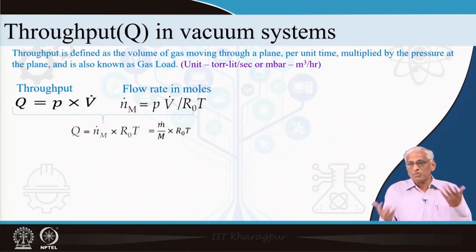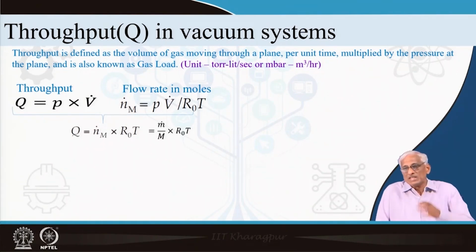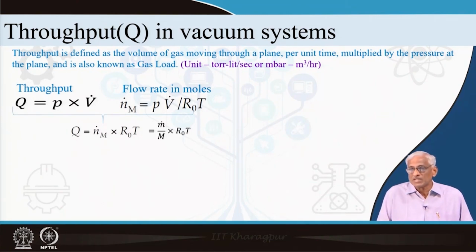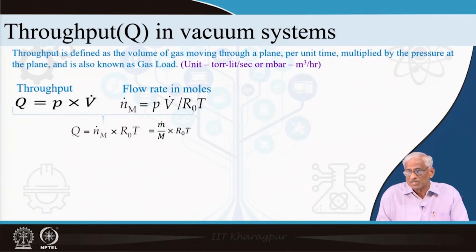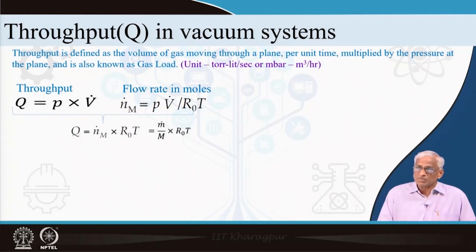So, finally, what I have been talking about so far, we can see in the equation that throughput is proportional to m dot, because molecular weight is constant, R naught is the universal gas constant, T is the prevailing temperature. In a vacuum system, we will not think much of heat of compression etc., because hardly any masses are being compressed. So, that way a constant temperature process can be assumed. We will also see later at a different temperature, but even if there is a different temperature, the entire process will be at that temperature, that is also constant.